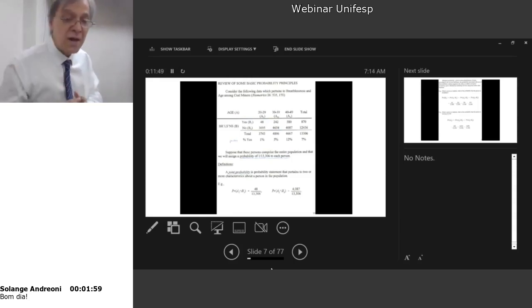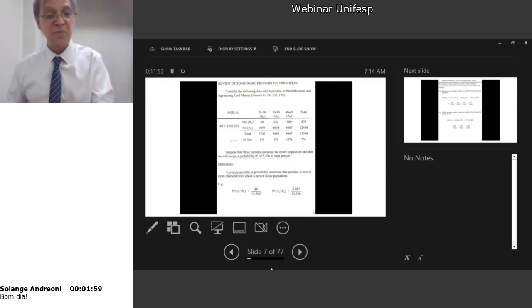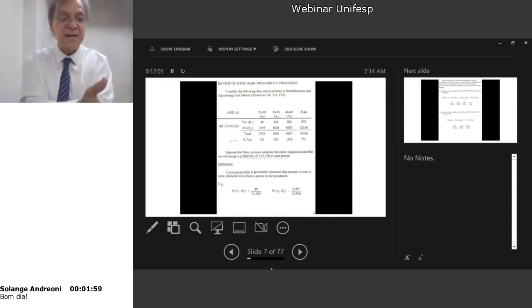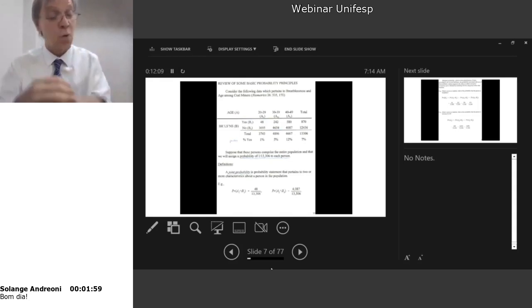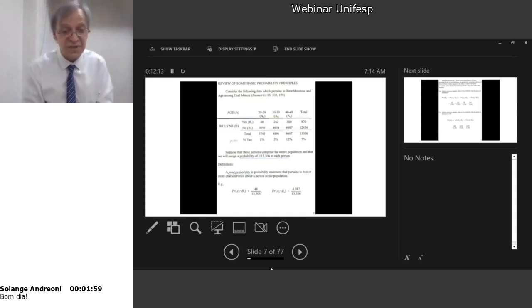So if you are 40 to 49, you have a 12% chance of becoming breathless, basically out of breath. If you divide that by the contrast, which is 20 to 29, you have a 12 times higher chance of being diagnosed with breathlessness. That's what your numbers are telling you.